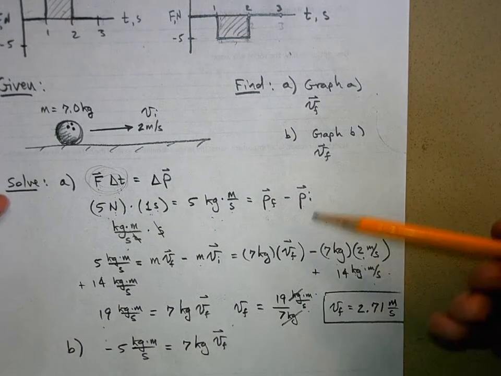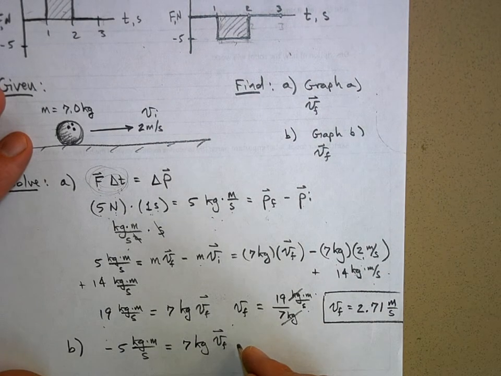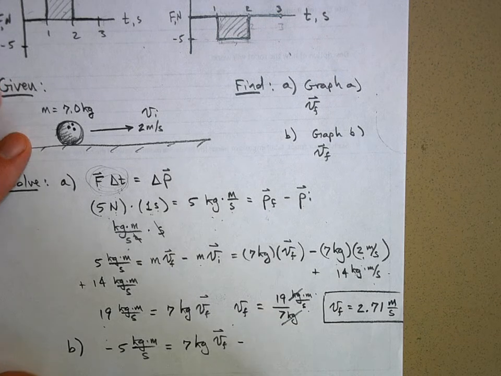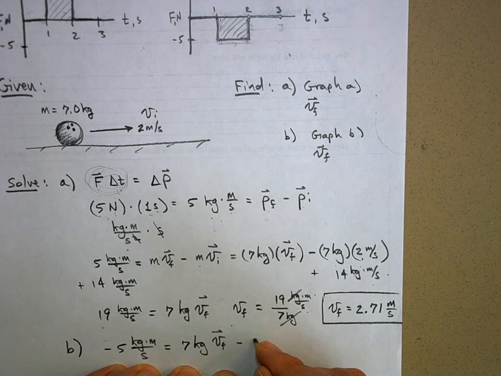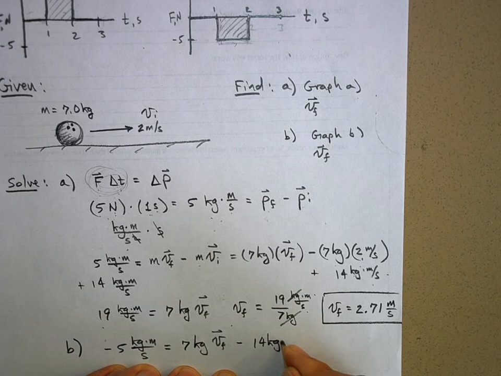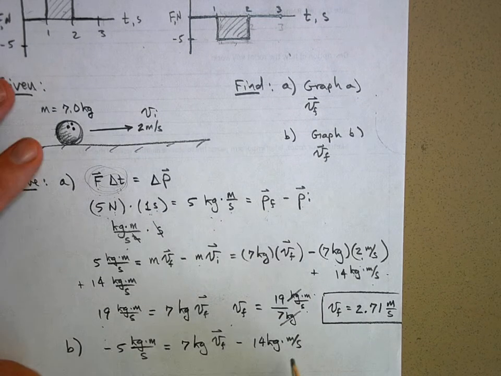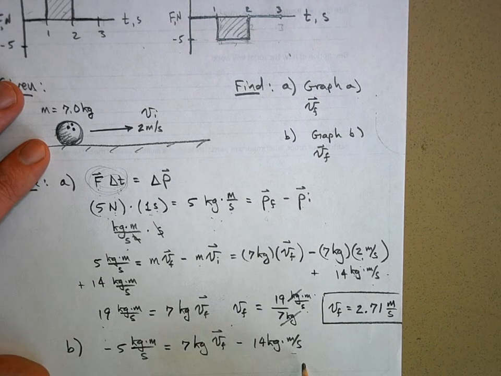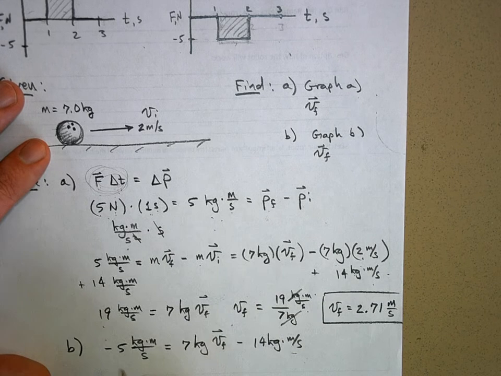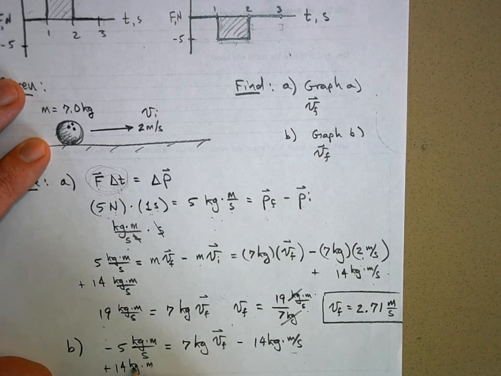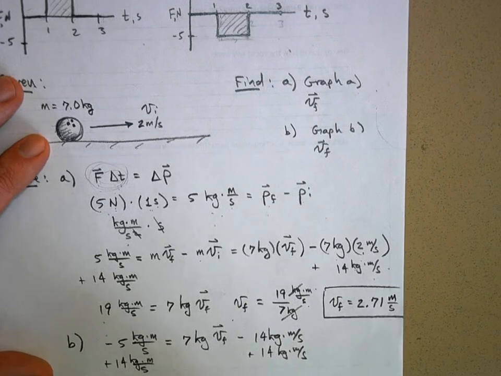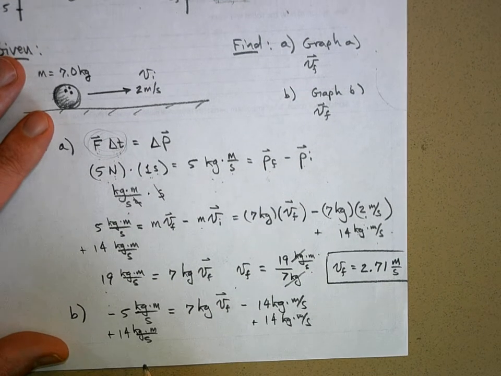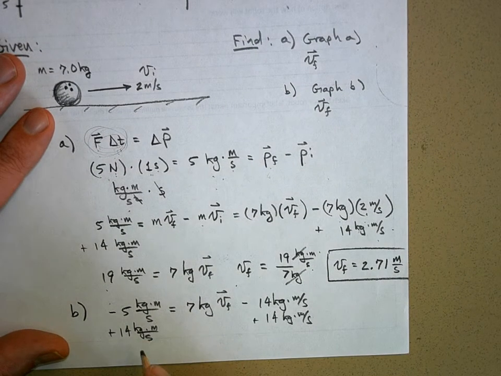I'm just skipping this work and going right to here. Minus 14 kilogram meters per second. So now when I add 14 kilogram meters per second to both sides, I get 9 over here. Negative 5 plus 14 is 9.